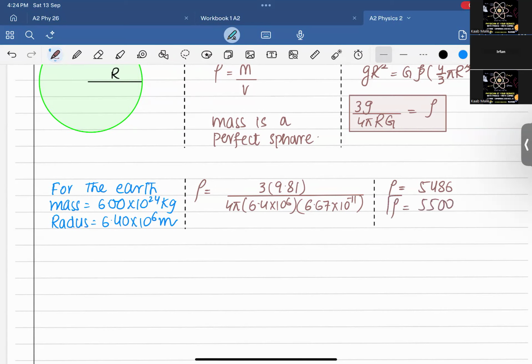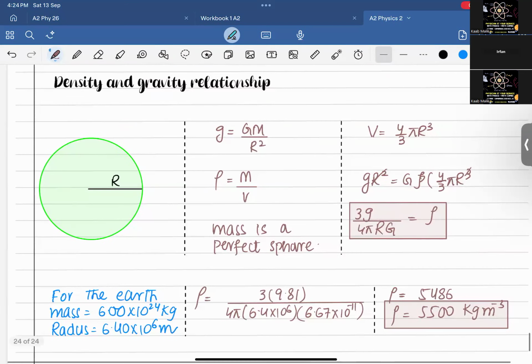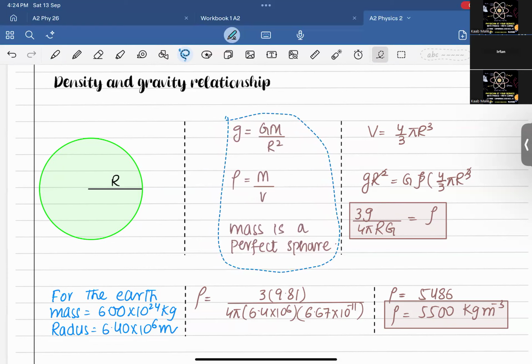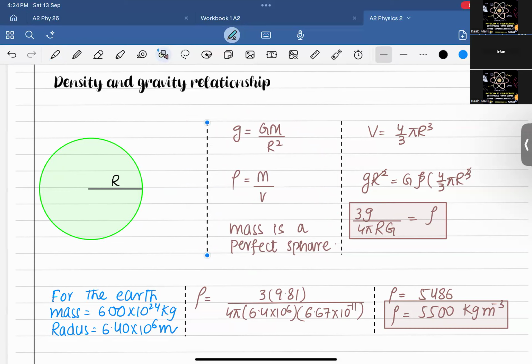So you can either say that as 5500 rho, in kg per meter cubed, and we consider the density as uniform throughout the Earth, right? So this is something that we assume. Now, if we somehow know the density or the composition of the Earth, in reality the Earth is made up of 70% water and like 25% rock and land and all of this stuff, right?